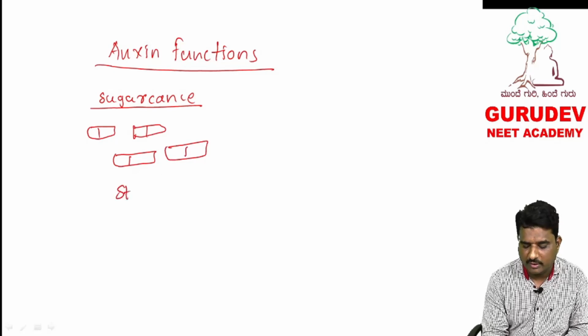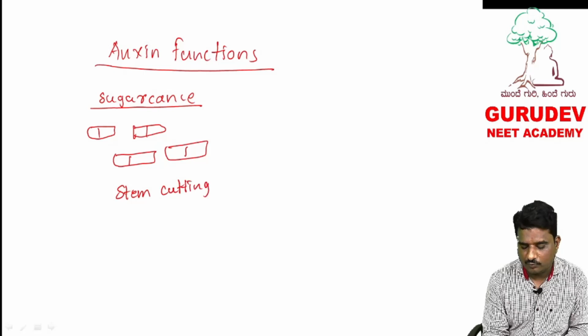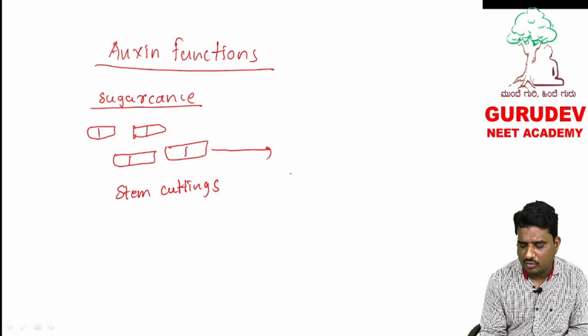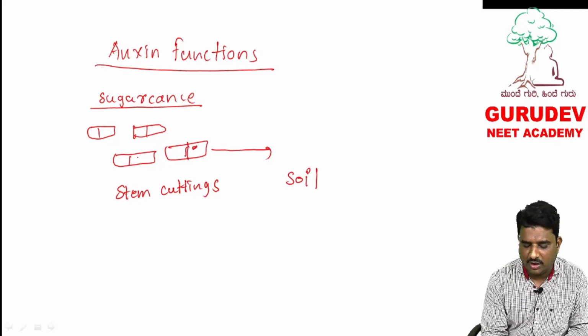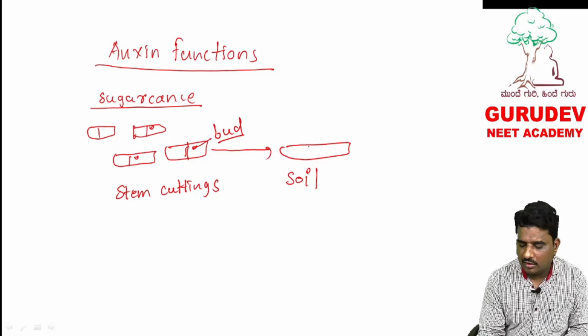We can call them stem cuttings. When we grow these stem cuttings in the soil, the stem cutting has a bud like this, and from this bud there will be formation of roots.